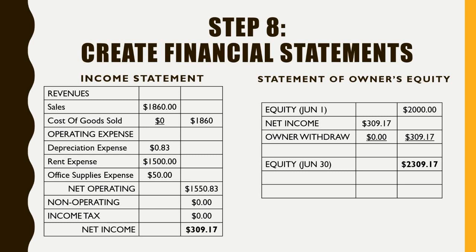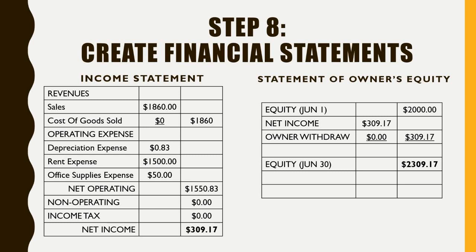Once you do that, then you can proceed to your statement of owner's equity. When you're dealing with the statement of equity, you have a couple of factors. If you have a profit, you can either reinvest it back into your company and so on.